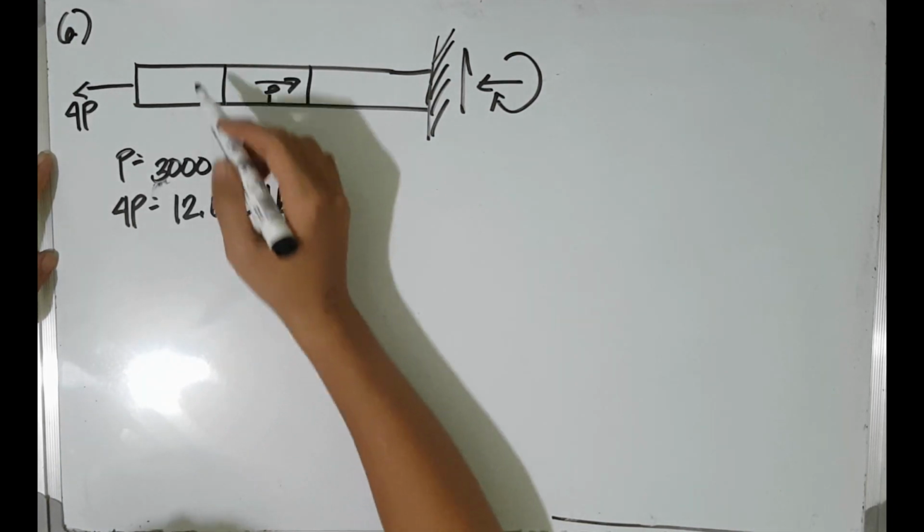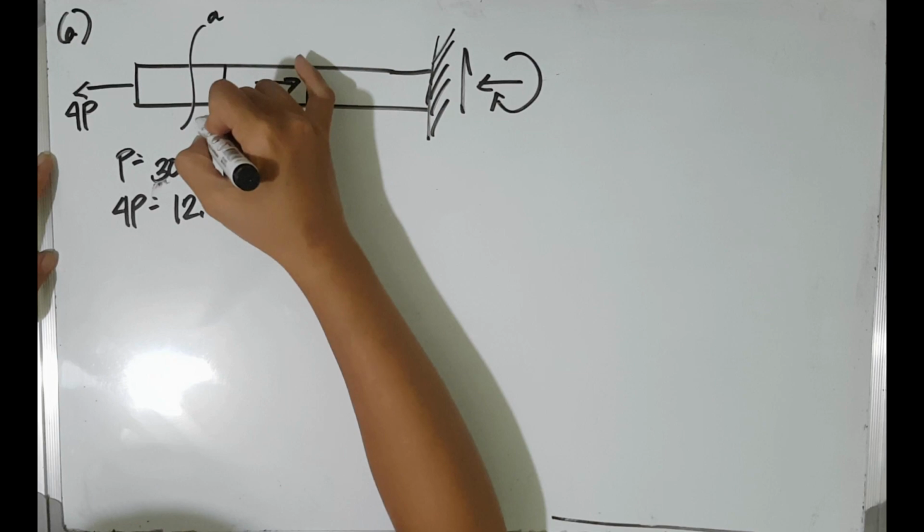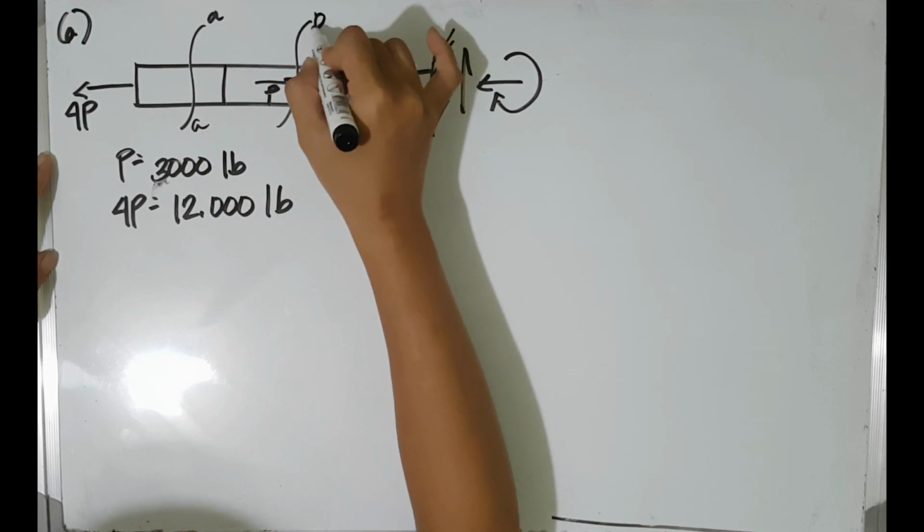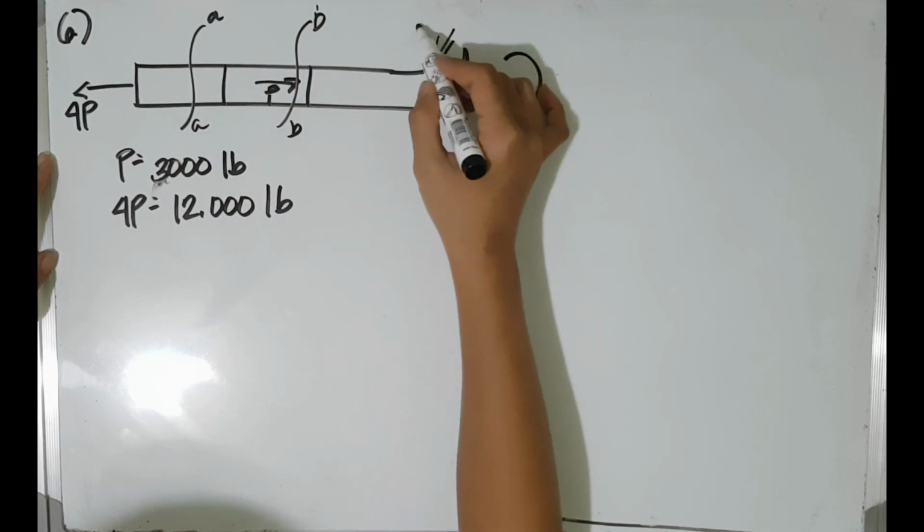So we will start by passing a section at the leftmost part, or the steel section.